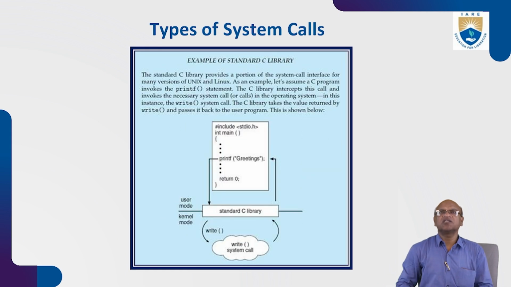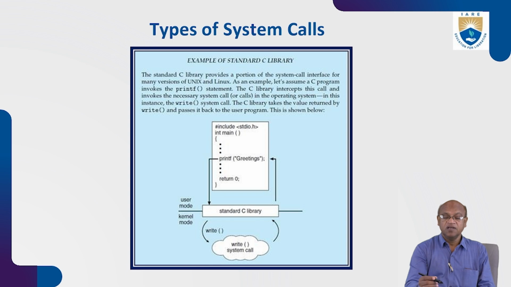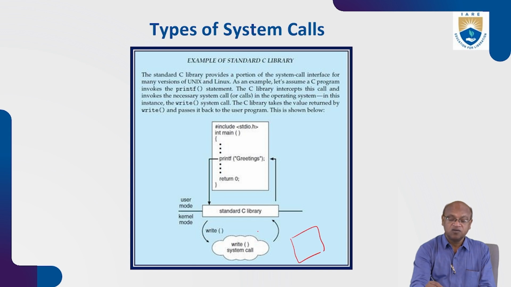So look at this example. As I explained previously, this is a program written by you. After writing this program, this is user mode. After compilation, we are writing to the hard disk.